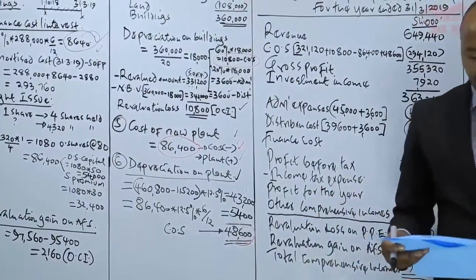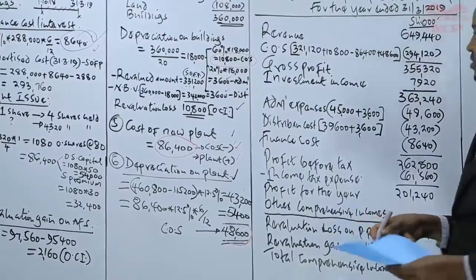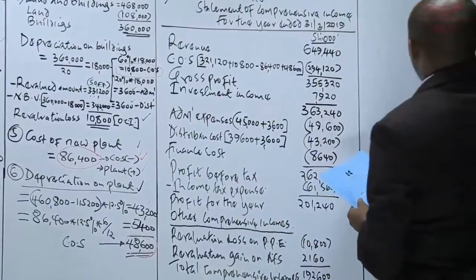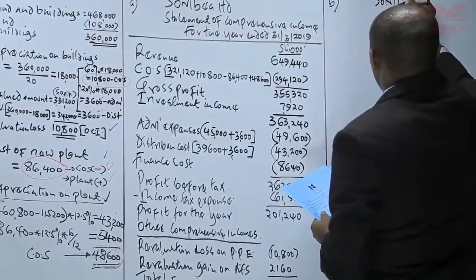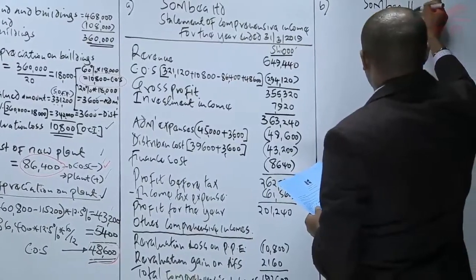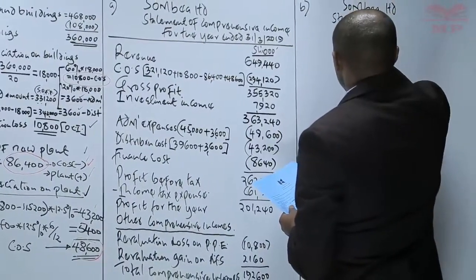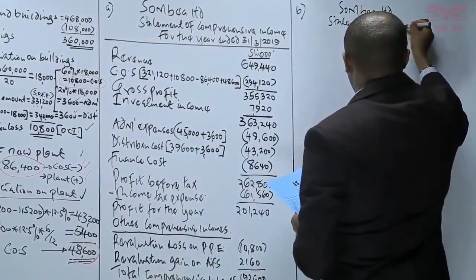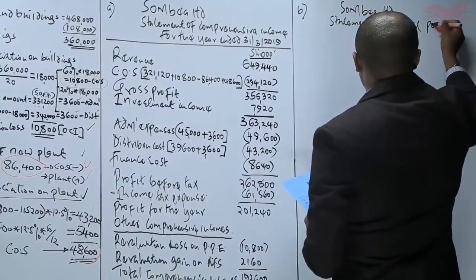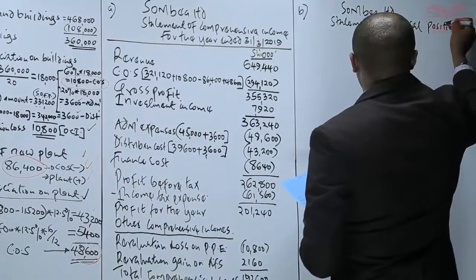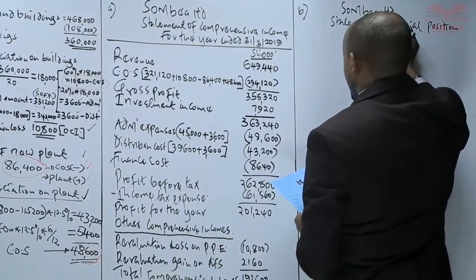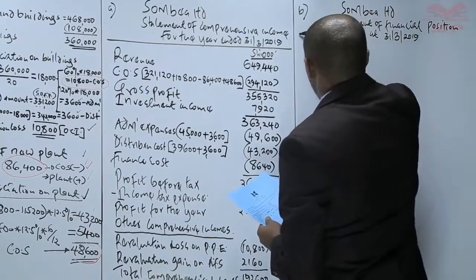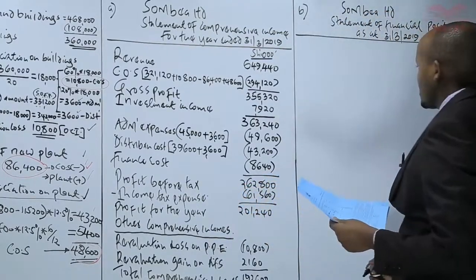So we move to Roman 2. In Roman 2 of the question, we are required to prepare the statement of financial position of the company. So we have the title, Sobea Limited, statement of financial position, and this is prepared as at the end of the year, that is as at 31st March 2019.